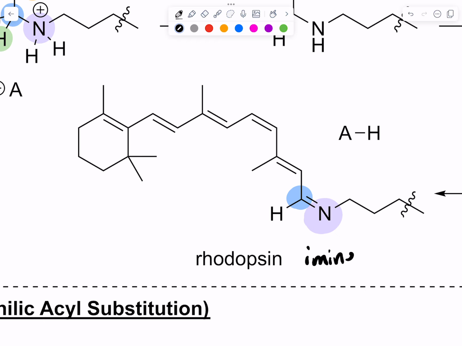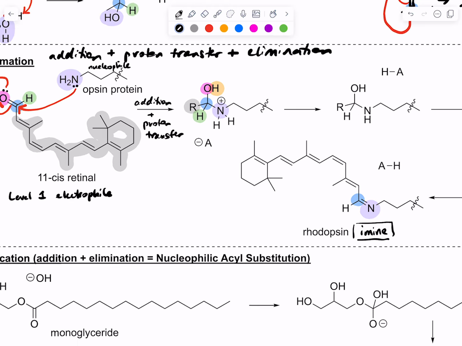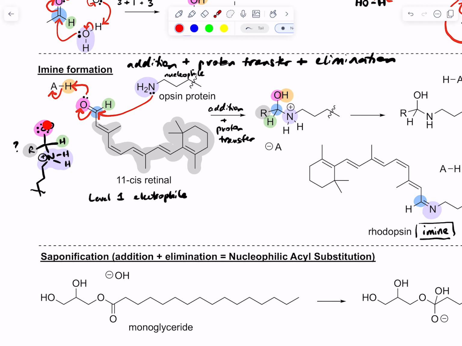You haven't seen imines before, but this is like the nitrogen version of a carbonyl. Notice the oxygen is gone. We have to get rid of the oxygen somehow in this reaction. And the way we're going to do that is by protonating it. If the oxygen's negatively charged, it's never, ever going to leave. So we're going to use proton transfer to turn it into a good leaving group.